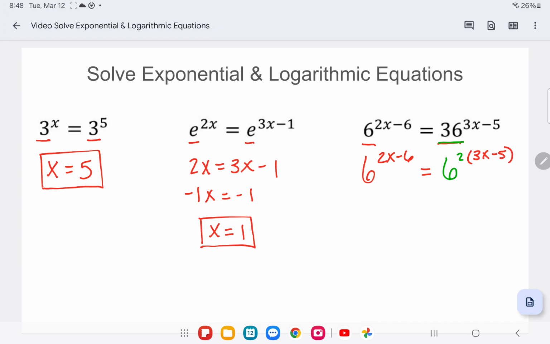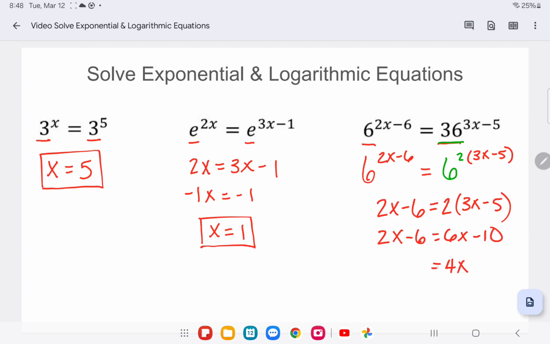Now that the bases do match, we have two bases, both of them 6. We can set the exponents equal to each other. 2x minus 6 equals 2 times 3x minus 5. And solving this equation, we get that x equals 1 again.